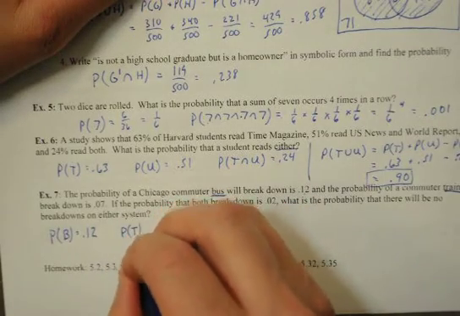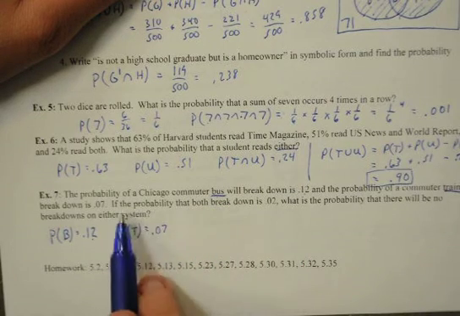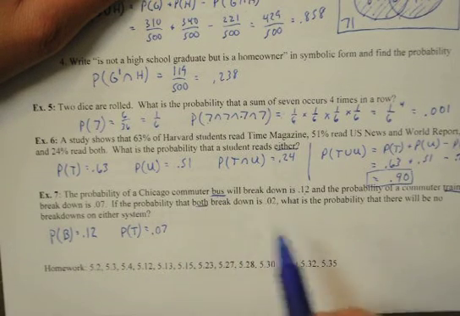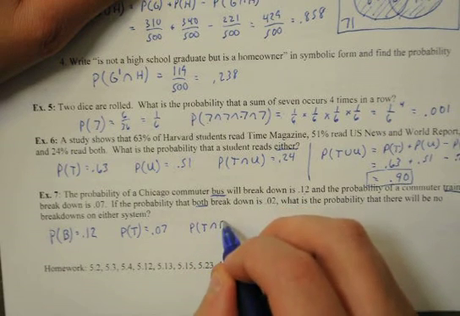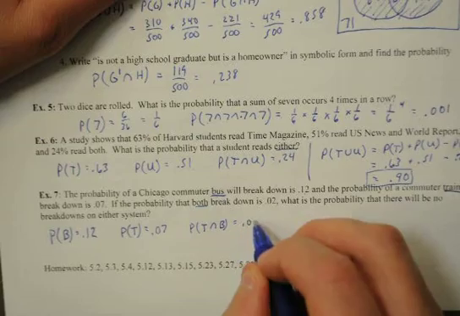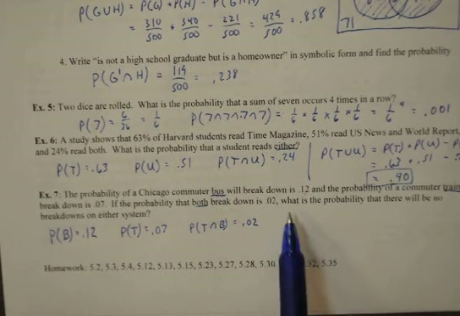Probability that a train will break down is 0.07. If the probability that both break down, so both a train and a bus break down, is 0.02, there's your overlap. So that's a bad day. 2% of the time the train and the bus are broken down.